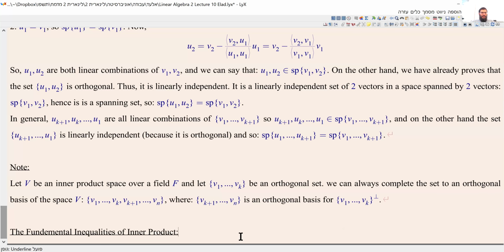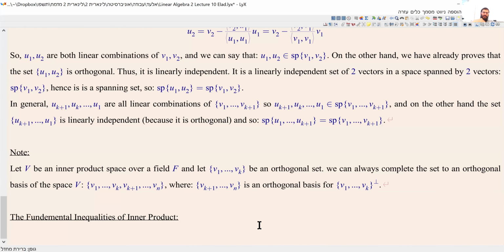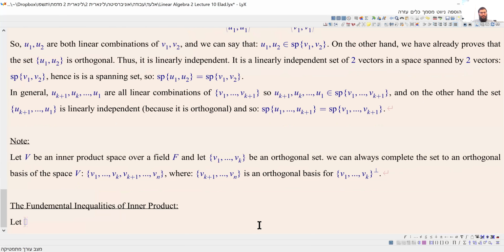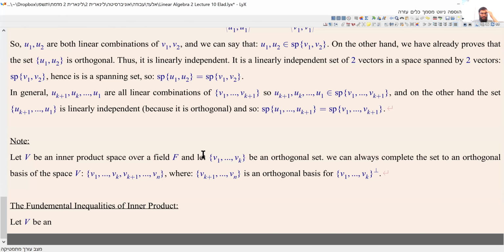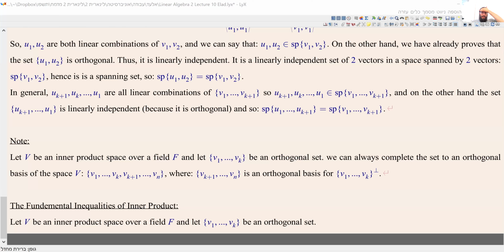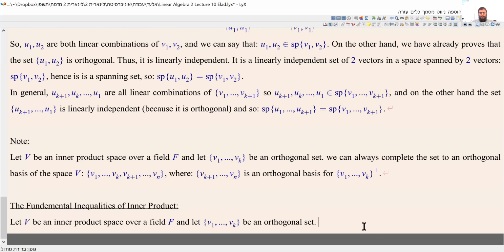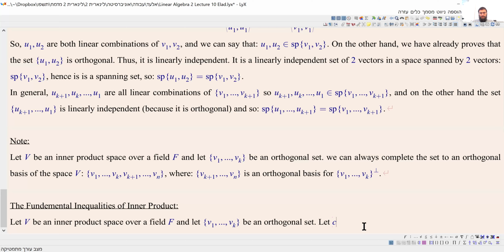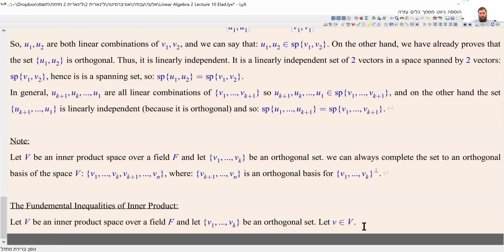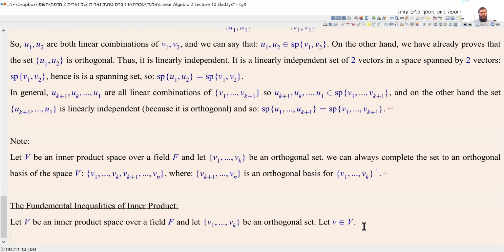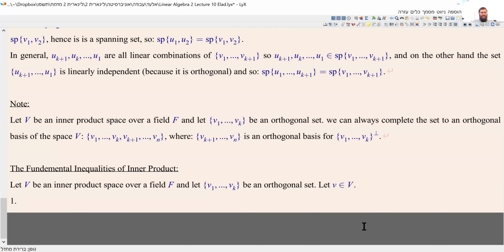Okay, fundamental inequalities of inner product. Let V be an inner product space, and let V be some vector in V. Now, the first inequality is called the Bessel inequality.